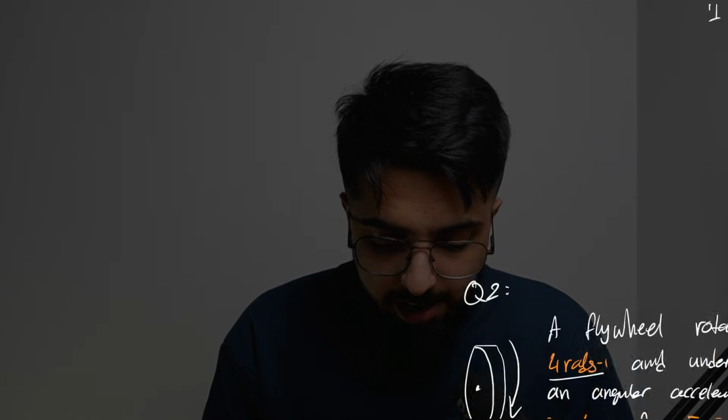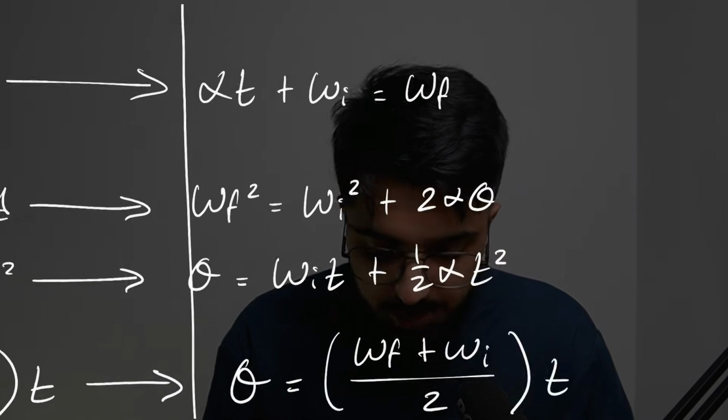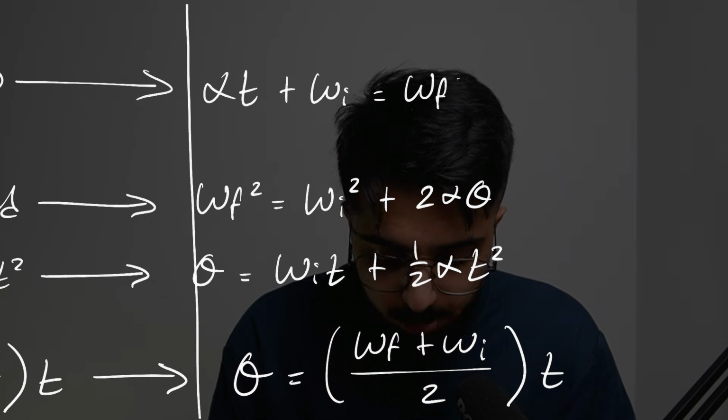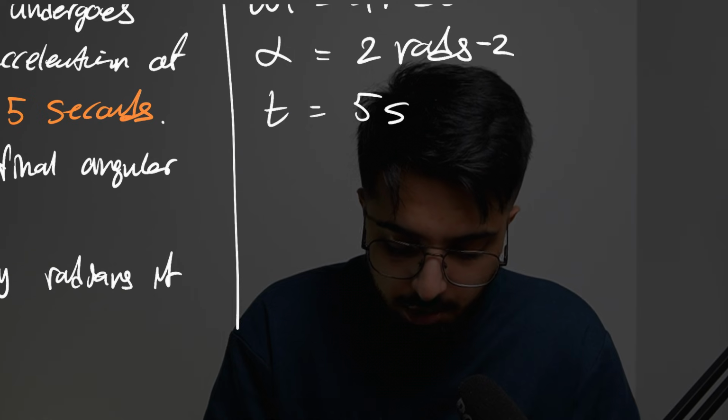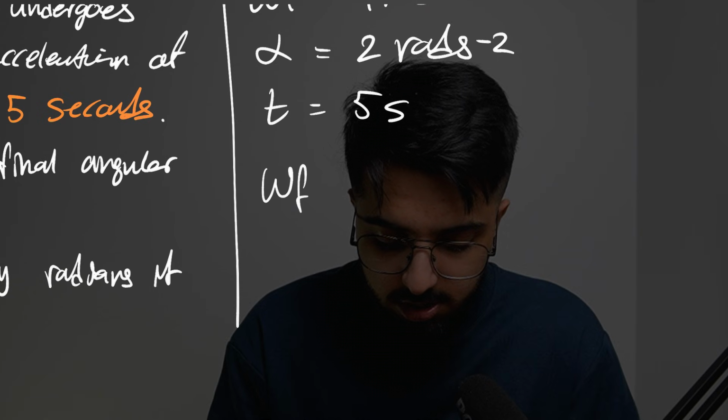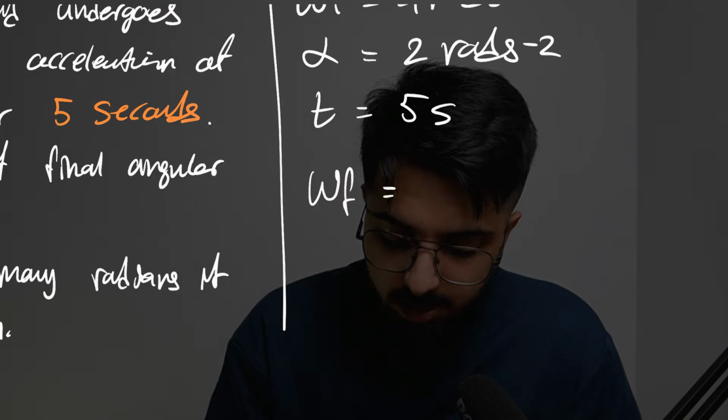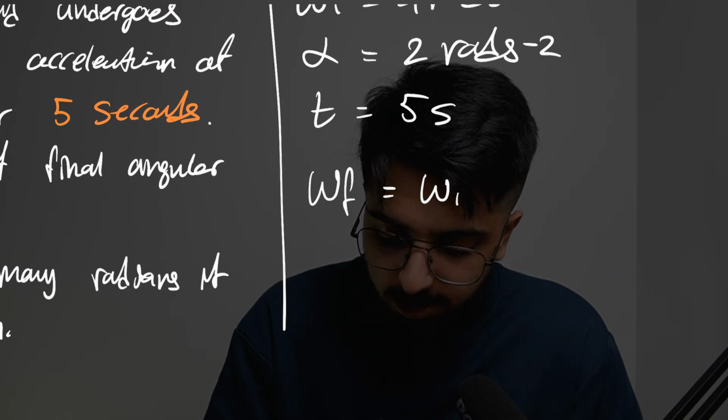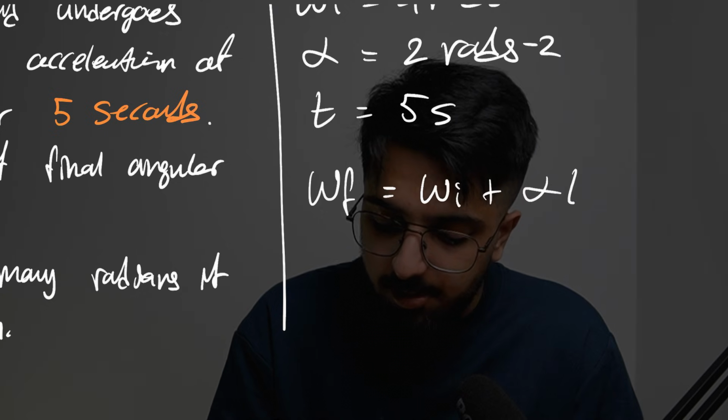So if we have a look at our kinematic equations, the best kinematic equation for the job is probably going to be this one, right? So our final angular velocity, which is what we are trying to find, is equal to our initial angular velocity plus alpha t.